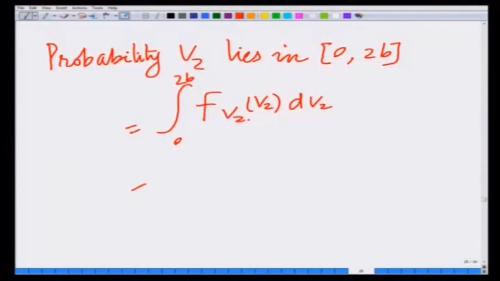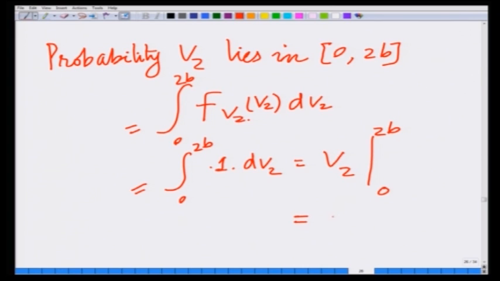But since this interval is contained in the interval 0 to 1, the probability density is 1. Therefore, we can write this as the integral from 0 to 2B of 1 times dV2, which is V2 integrated between the limits 0 to 2B, which is equal to 2B.